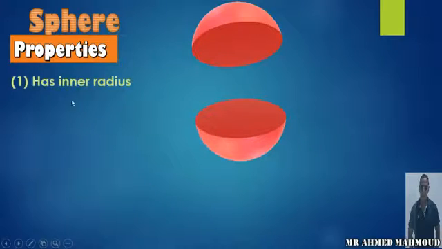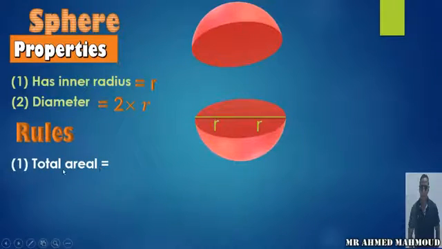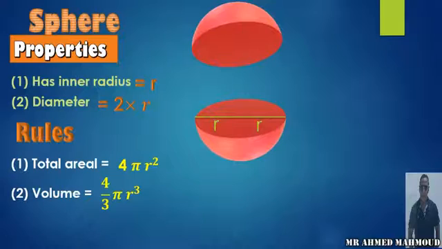It has an inner radius, which is called r, and the distance between the two bounds of the circle like this is the diameter. The rules. The first rule, the total area or the area of the sphere, is 4 times pi times r to the power of 2. And the other rule is the volume. The volume equals 4 over 3 times pi times r to the power of 3.